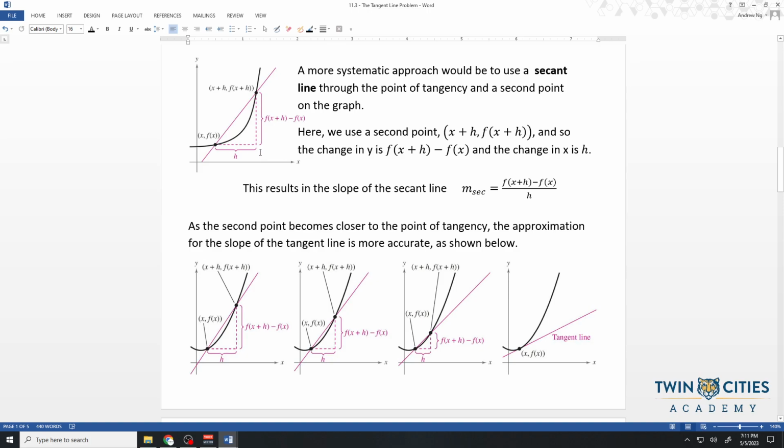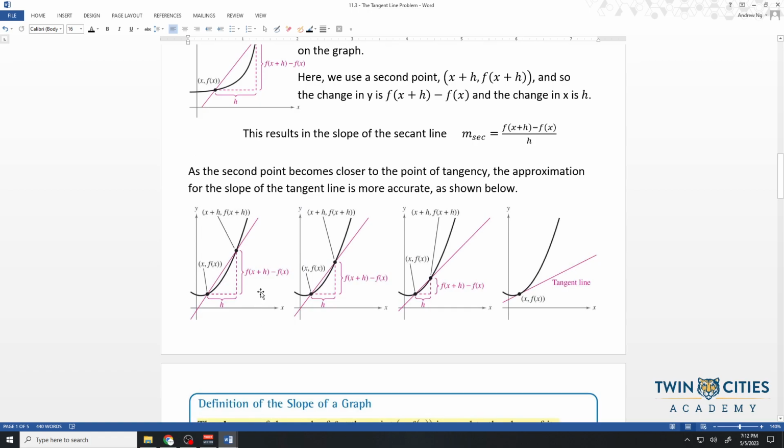Now, my change in going from left to right is going to be just h, because this second point is going to be h units to the right. So here, I've got f of x plus h minus f of x, all over h. They're pretty far apart. And as it gets closer and closer, I see that the approximation for this slope becomes more like the tangent line.